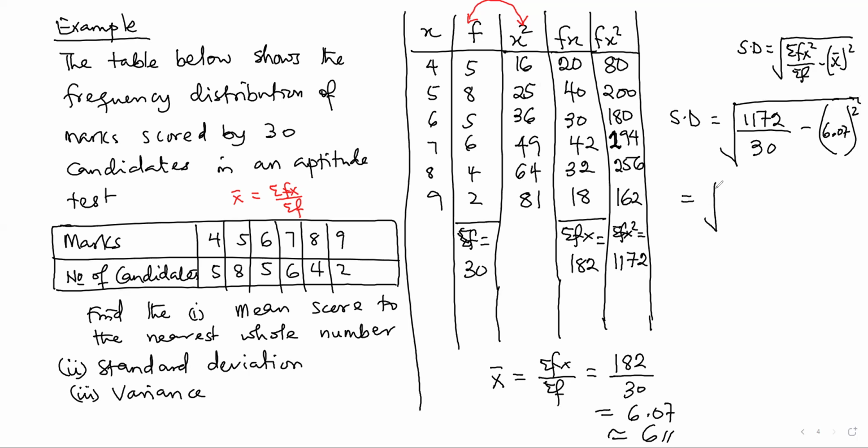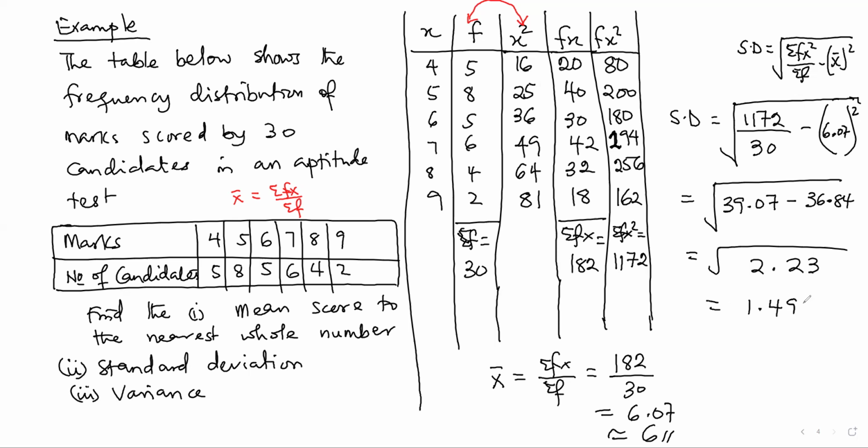So 1172 divided by 30 is 39.07, minus 6.07 squared, which is 36.84. 39.07 minus 36.84 gives us 2.23. So the square root of 2.23 gives us 1.4933. So this is the standard deviation.